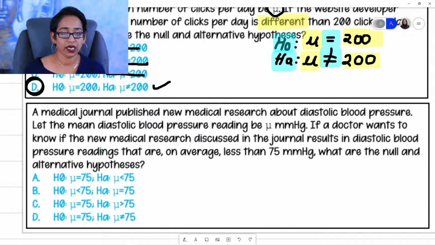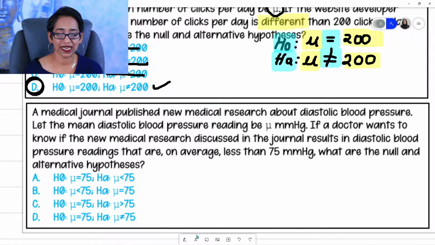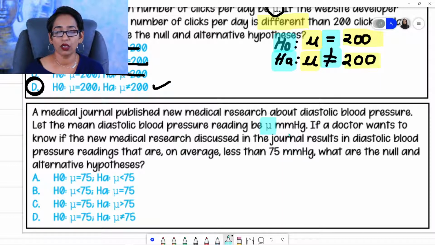Let the mean diastolic blood pressure reading be mu. So here again, look for what they're using, mu, mmHg. I'm guessing that's the units that they measure. If a doctor wants to know if the new medical research discussed in the journal results in diastolic blood pressure readings that are on the average less than 75 mmHg.